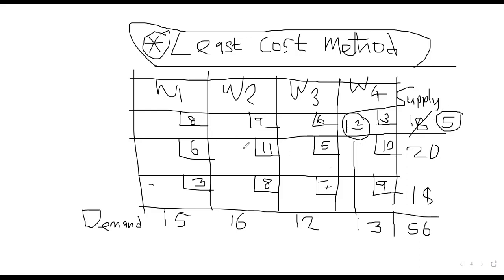We go to the other number, which is 3. Our supply is 18, but the demand is 15, so you can just meet what has been demanded. Here we'll also remain with 5.